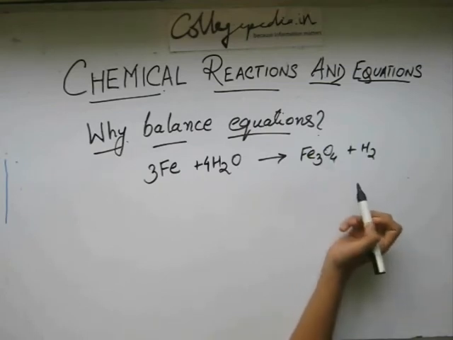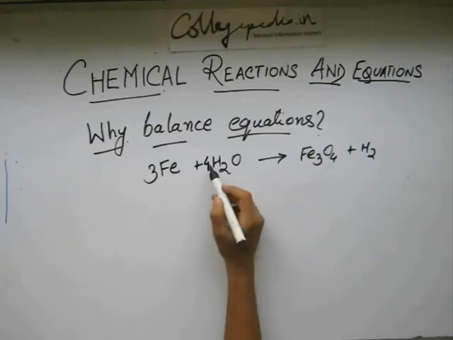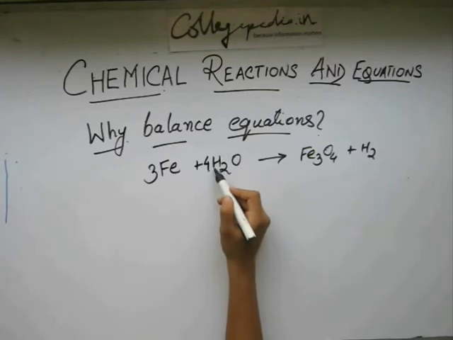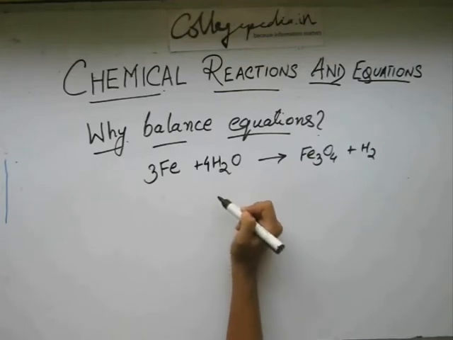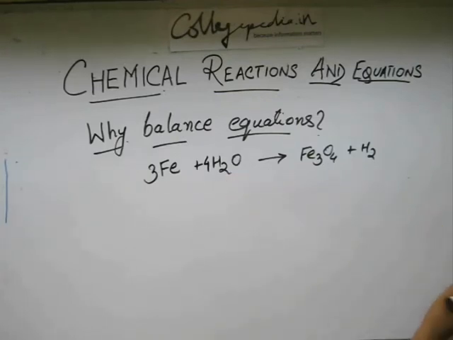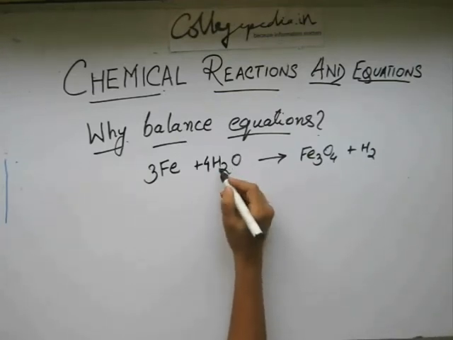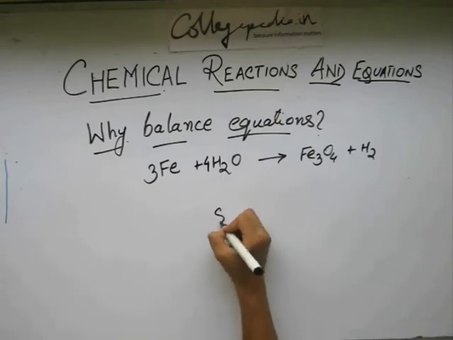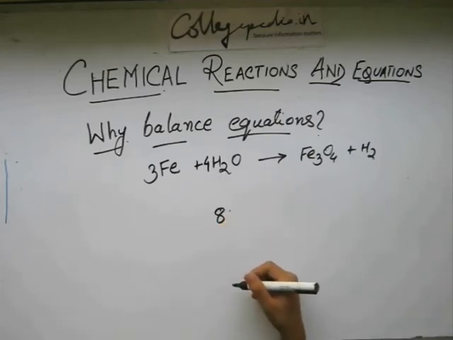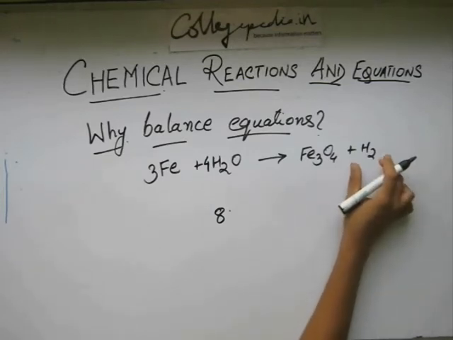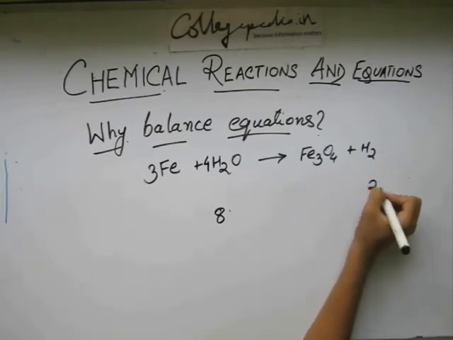So oxygen is balanced, but it makes the hydrogen, which was 2, into 2 times 4, so there are now 8 atoms of hydrogen. And on this side, there are only 2 atoms.